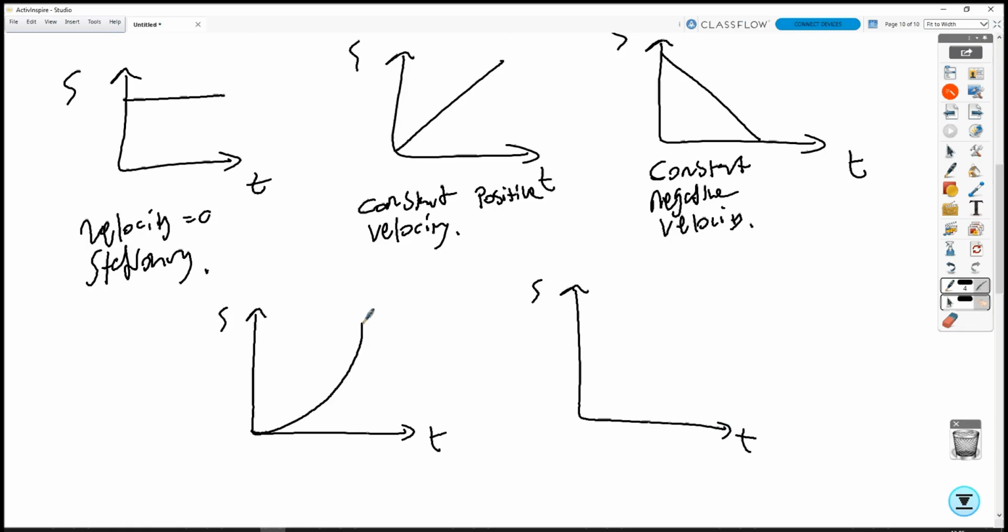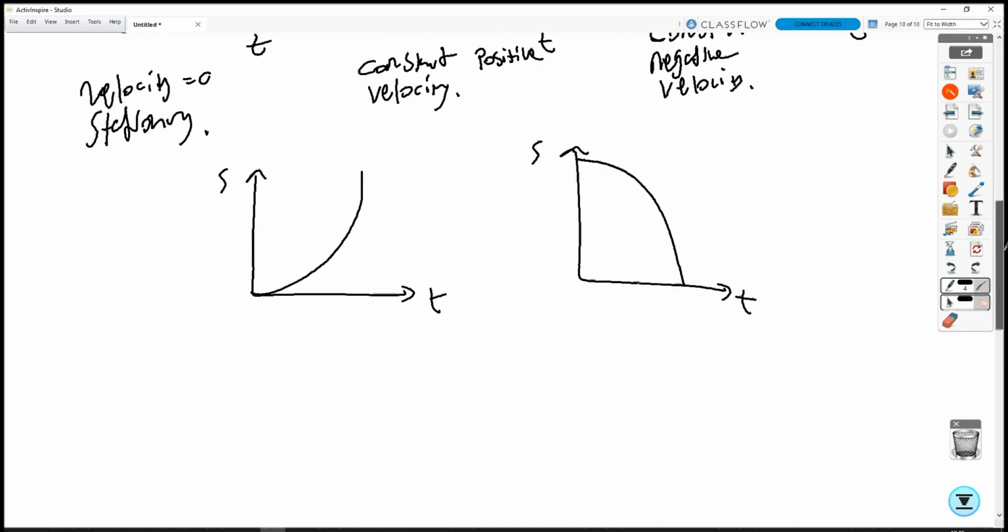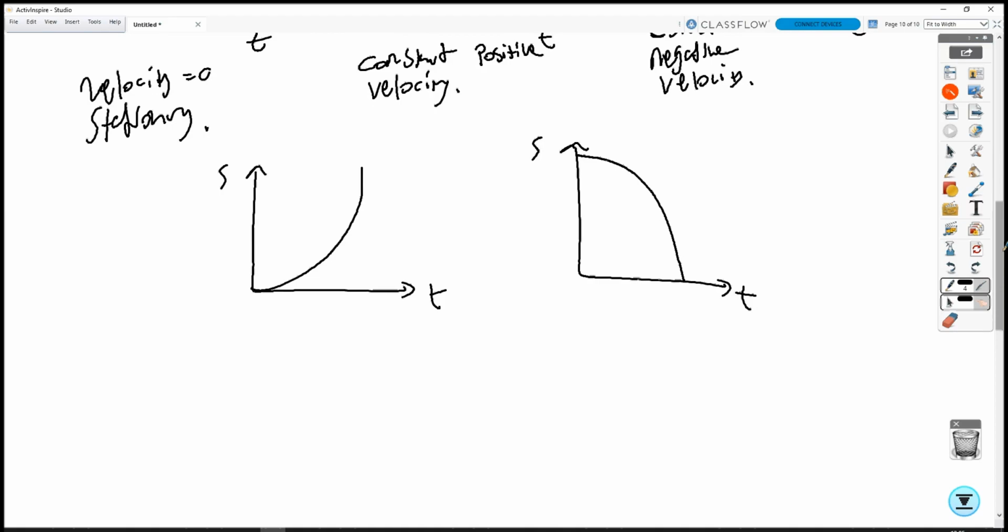If we have a curve, like so, this is accelerating in the positive direction. And for this one, it's still accelerating, but in a negative direction.